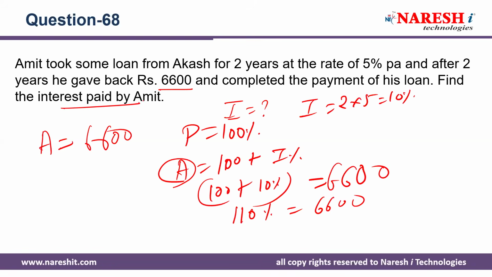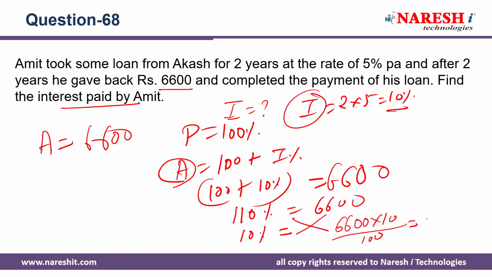They're asking to find the interest paid, which is 10 percent, so you just need to find the 10 percent value. Cross multiplication: 6,600 into 10 by 110. Answer: 600 rupees.